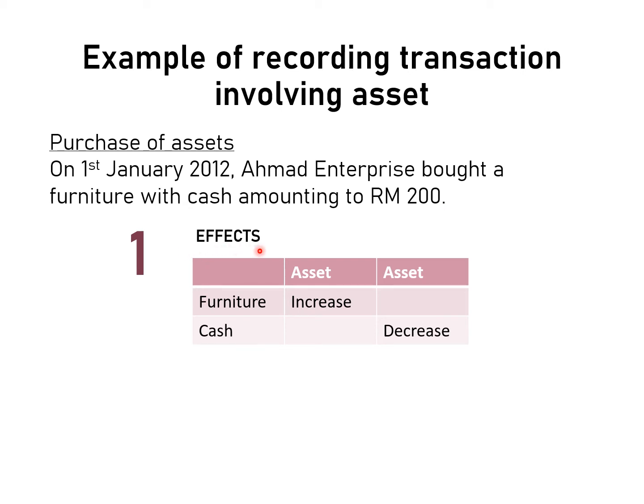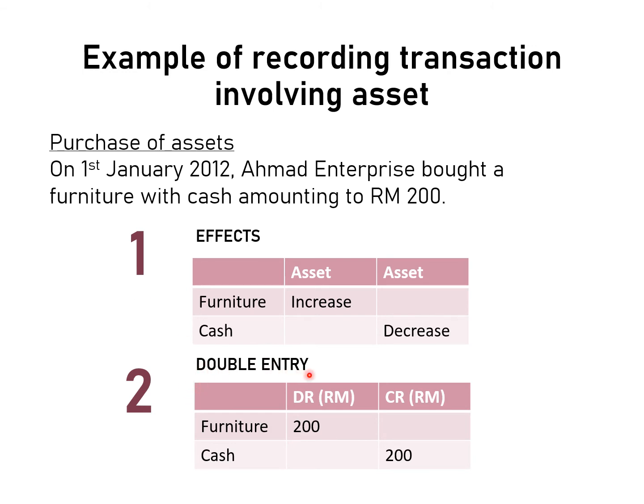The effect is that he bought an asset using cash. He didn't say he was just starting the business or anything. So we record what he did, which affects furniture: increase an asset and decrease an asset. The accounts involved are furniture and cash. Next, you prepare the double entry: what to debit and what to credit. Here, you debit furniture 200 and credit cash 200.